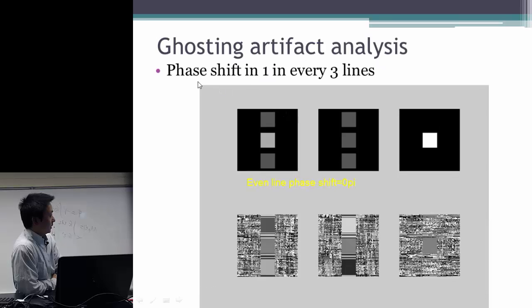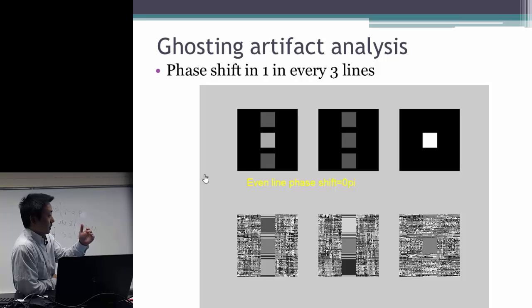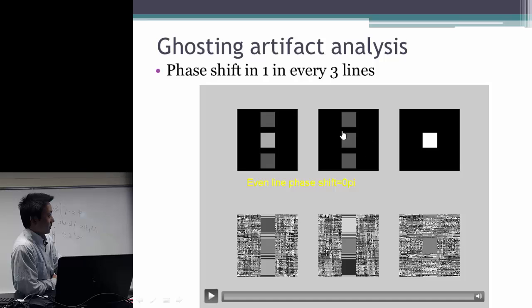So if there is a phase shift in 1 in every 3 lines, that means the spatial frequency of the ghosting will also be 3 times.